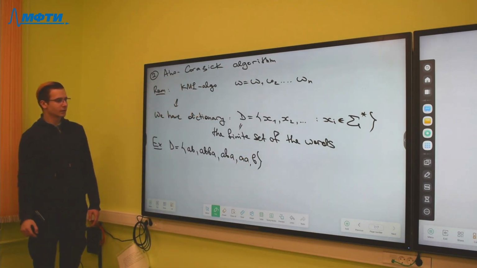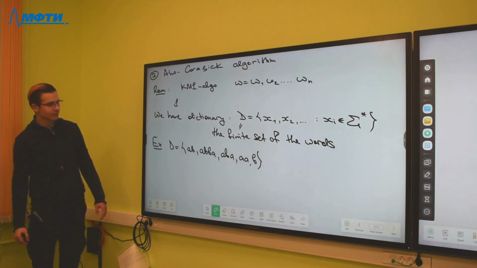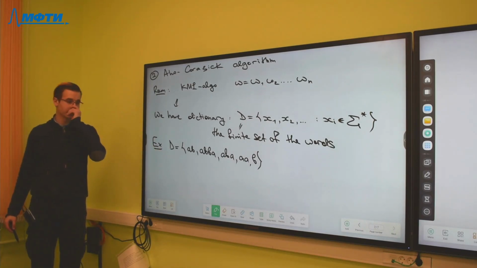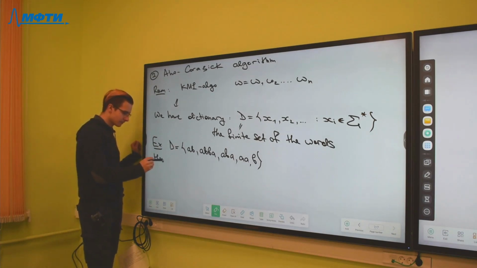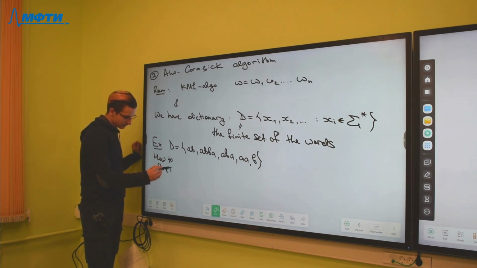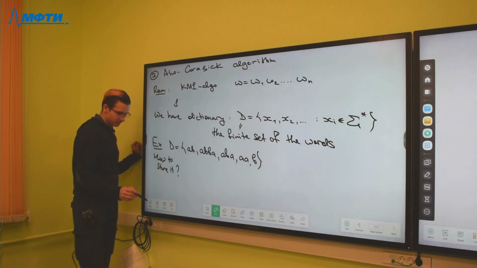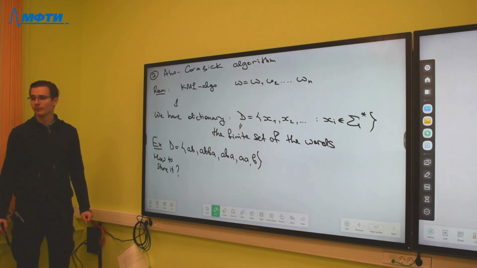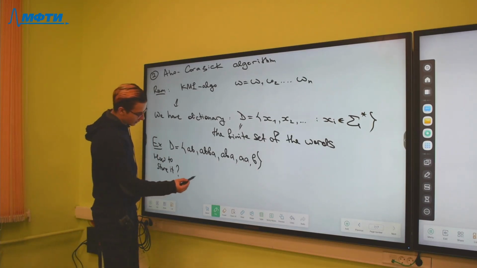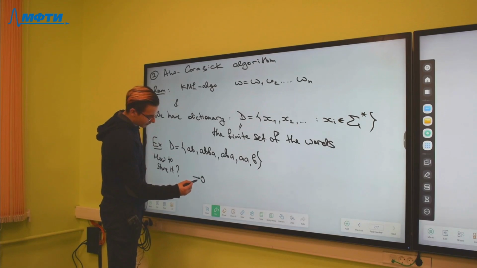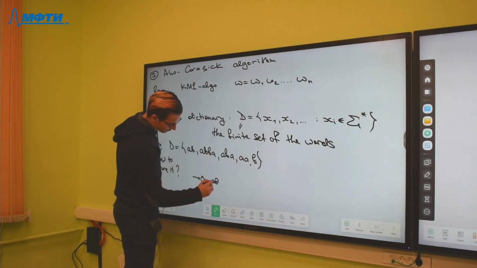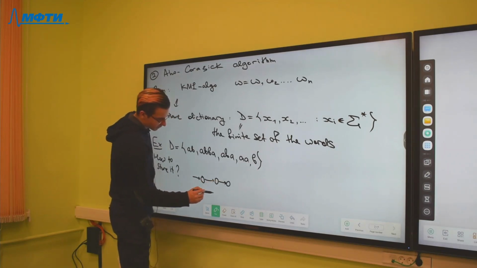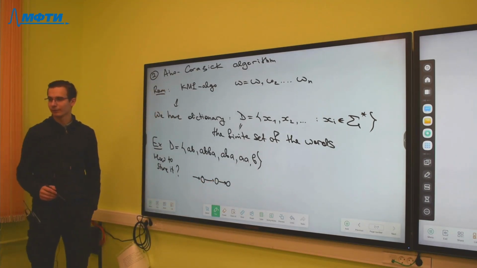How can we store this dictionary? As you remember, if we have only one word, we can store it like a graph.